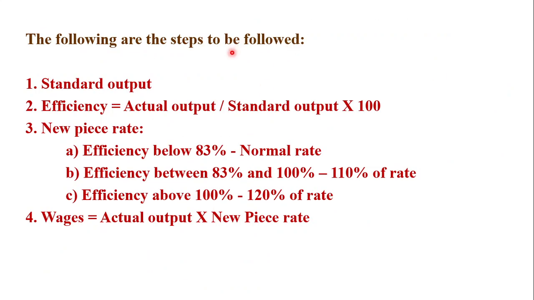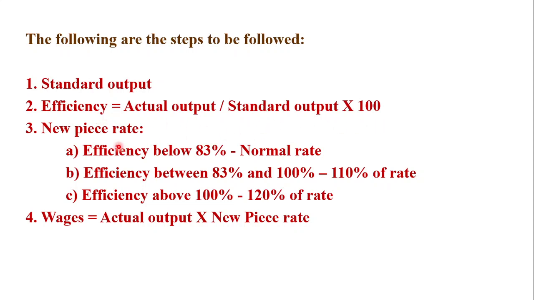What are the steps we need to follow under Merrick's differential piece rate system? Here also there are four steps. First, identify whether the standard output is given in the problem or not. If it is not given, we need to calculate it first. The second is calculation of the level of efficiency, with the same formula as in Taylor's: actual output divided by standard output into 100.